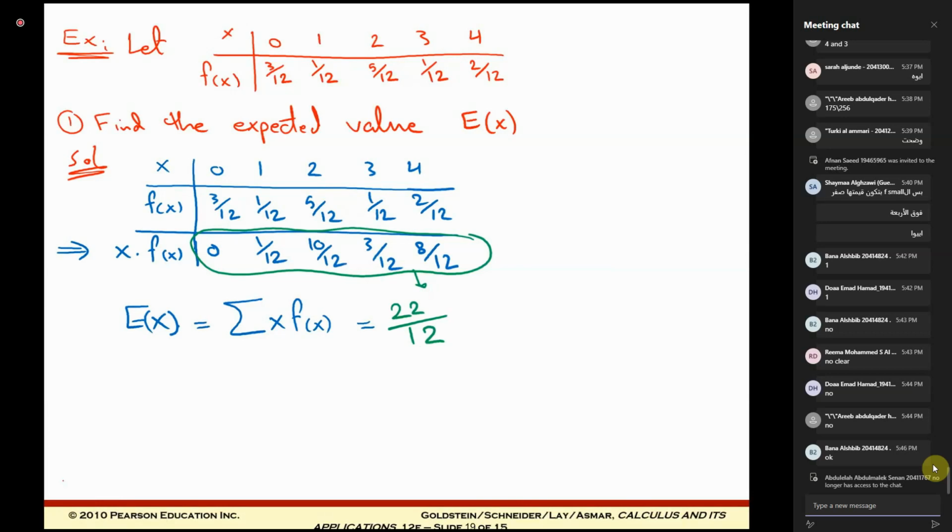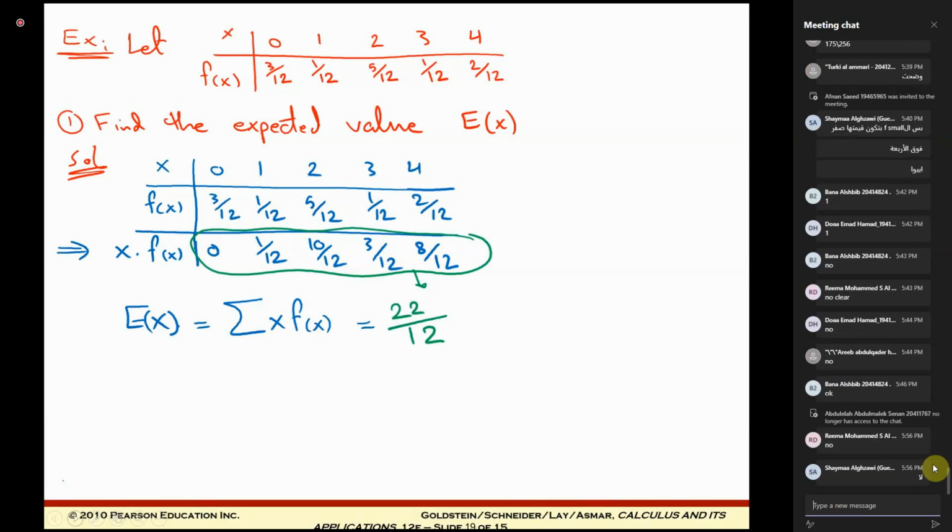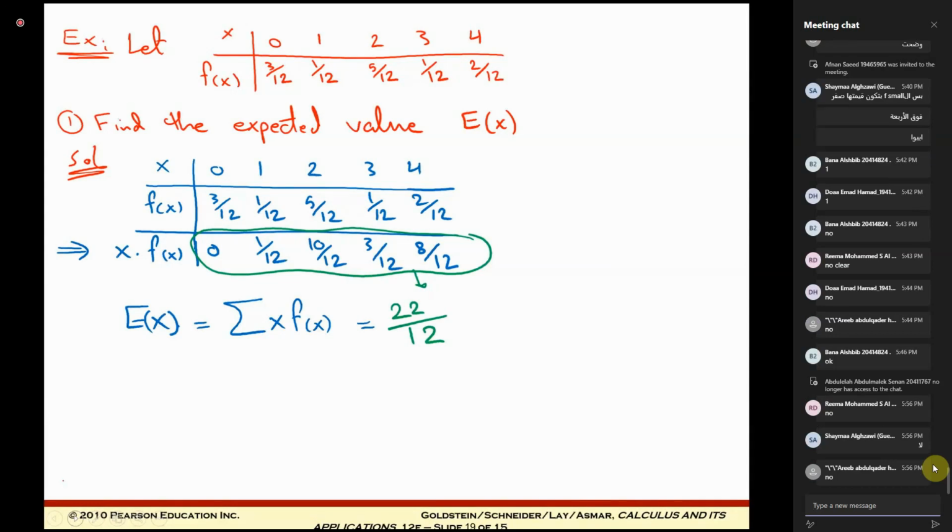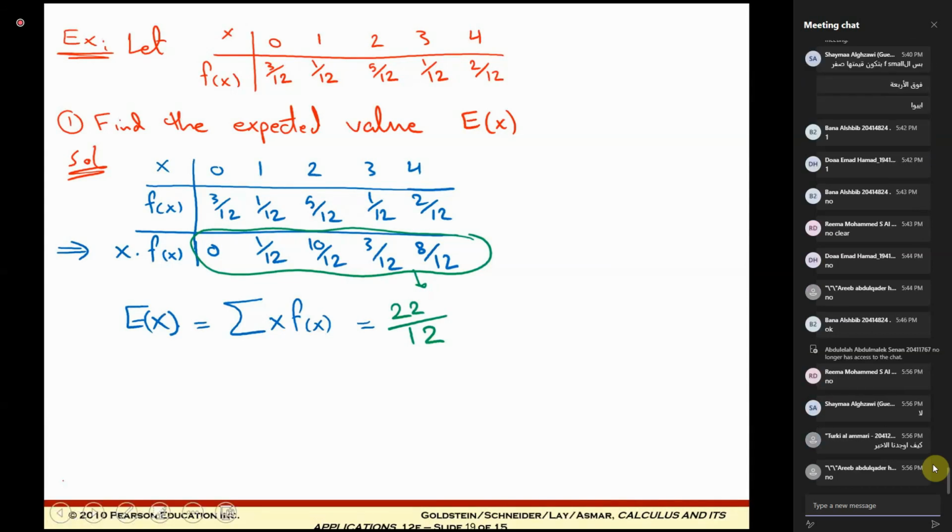This is the expected value for f of x. Any question? Please mute your mic. Any question?